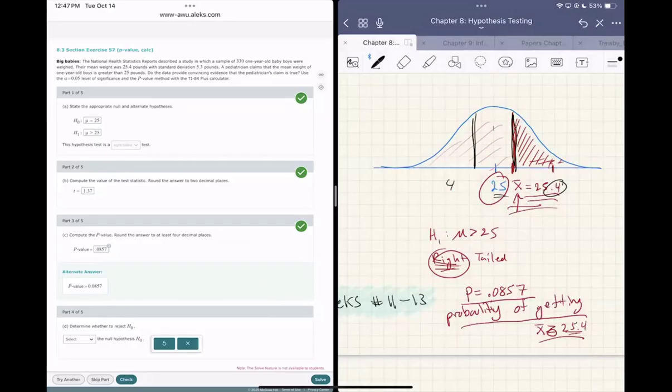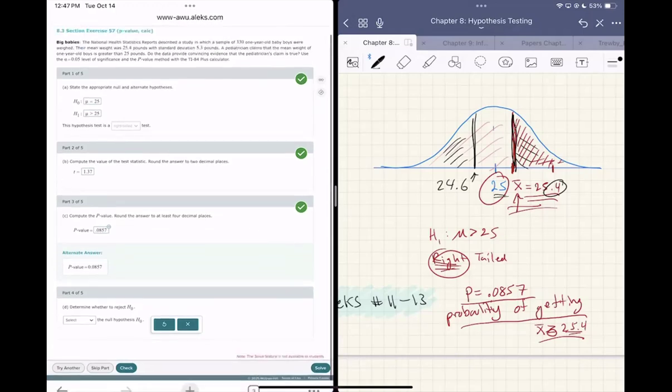We'd go 0.4 below 25, which is 24.6. And we look at how probable it is that we're just this far away from the mean, in both directions. So that p-value gives us a probability where you shade according to what we're looking at.